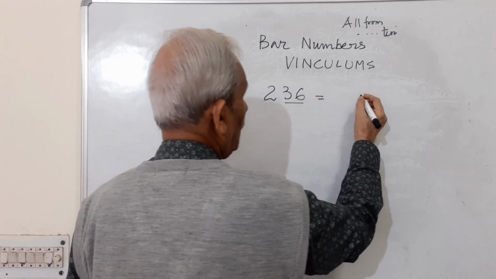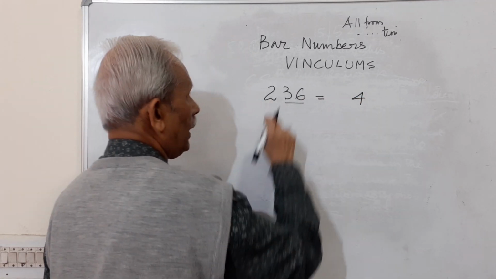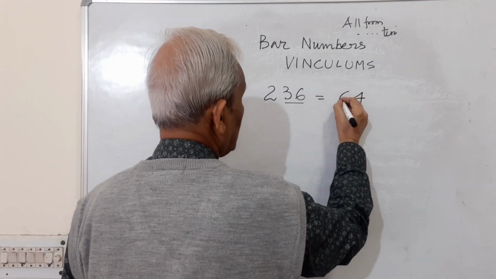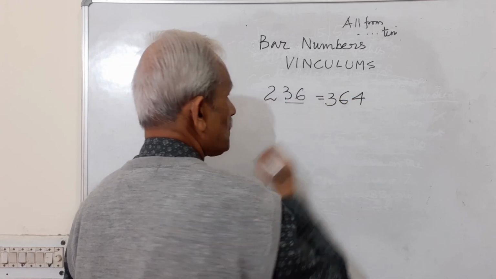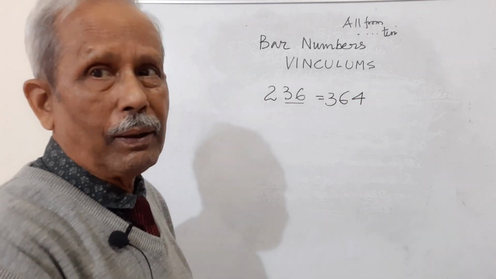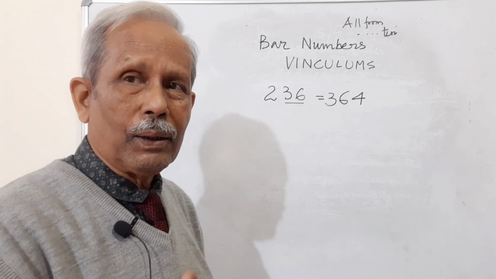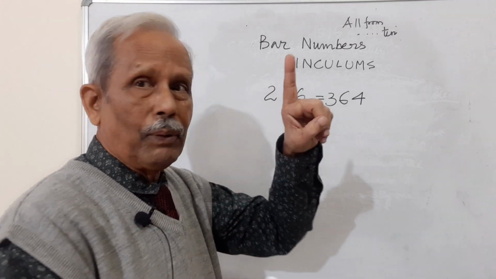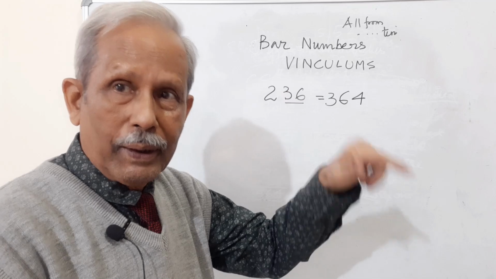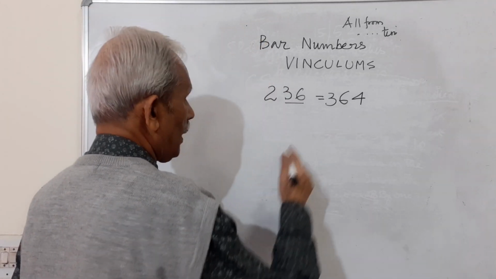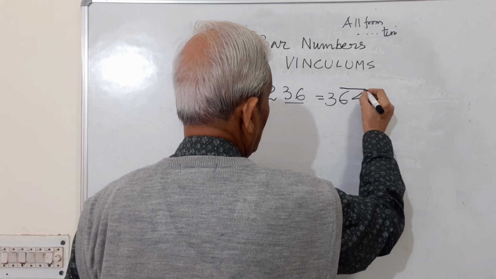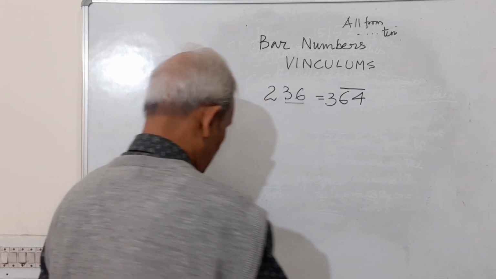Reduce it from 10 to make it 4, reduce it from 9 to make it 6, and increase this number by 1, make it 364. While vinculating a number or converting into a bar number, we increase the number on the left by 1, and while devinculating we reduce it, right? So it's now 364, and that is the answer here. Both the numbers are vinculated now.